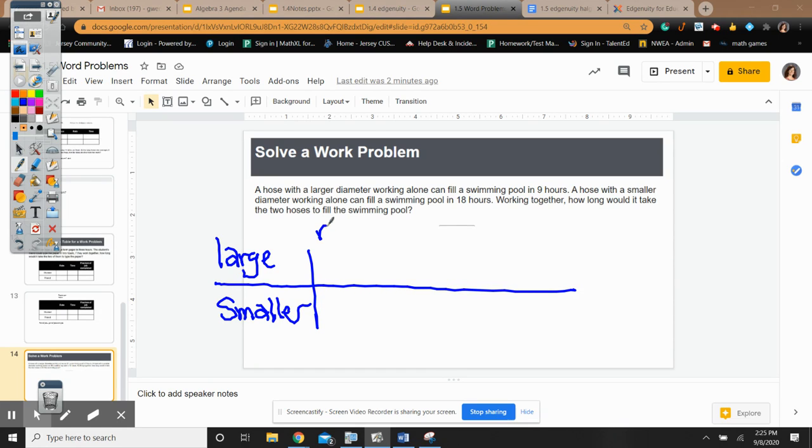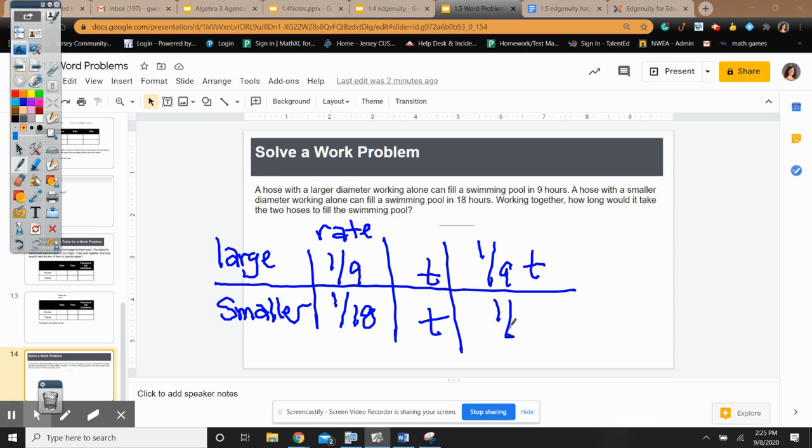The rate would be one pool per 9 hours and one pool per 18 hours. We're looking for the time. And this would be 1/9 of the job, and this would be 1/18 times time, and all together, we're going to get one pool finished.